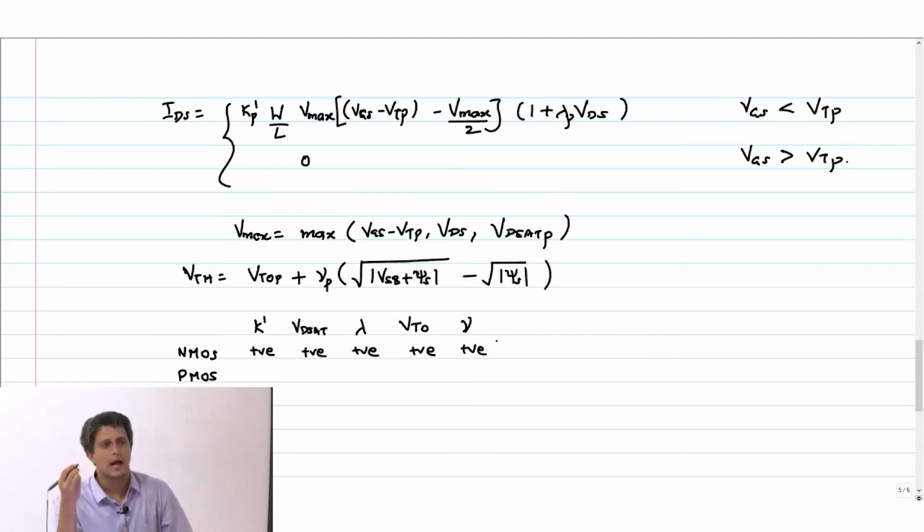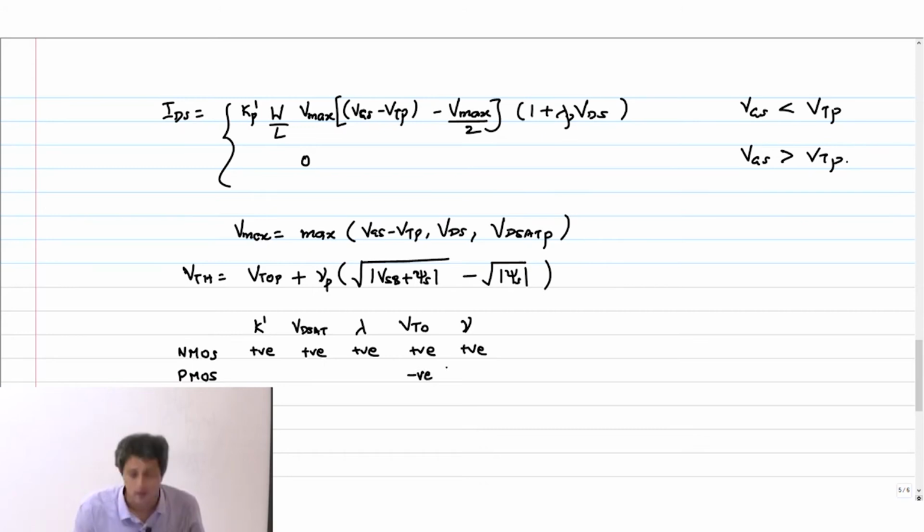On similar lines, I want to analyze for a PMOS transistor whether these values should be positive or negative. Exact value I am not worried about. So let's start with VT naught. It should be a negative value, because as I lower my VGS, at some point I am going to invert the channel there. So therefore this has to be a negative value.